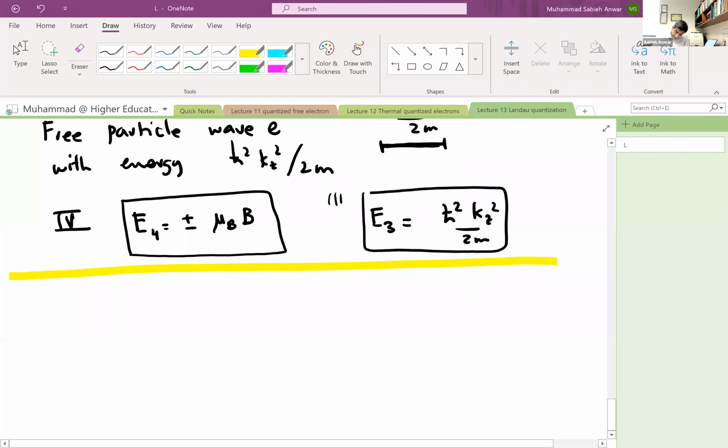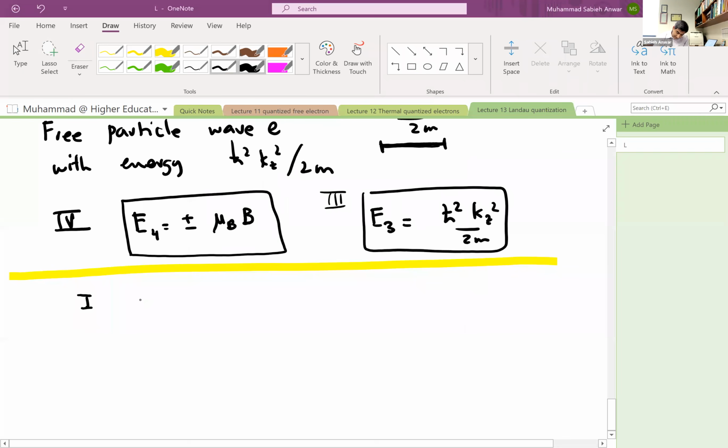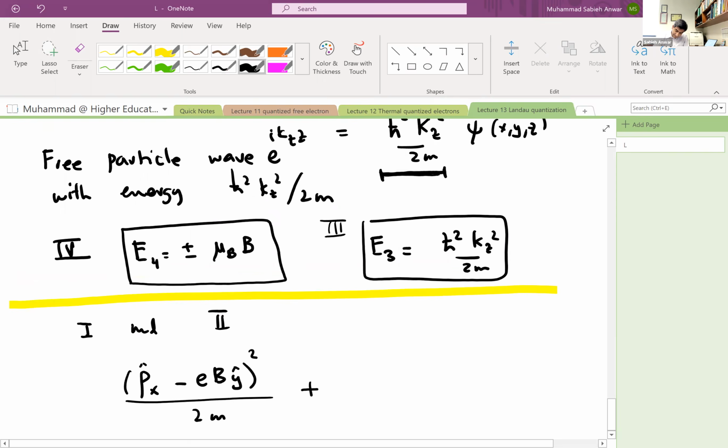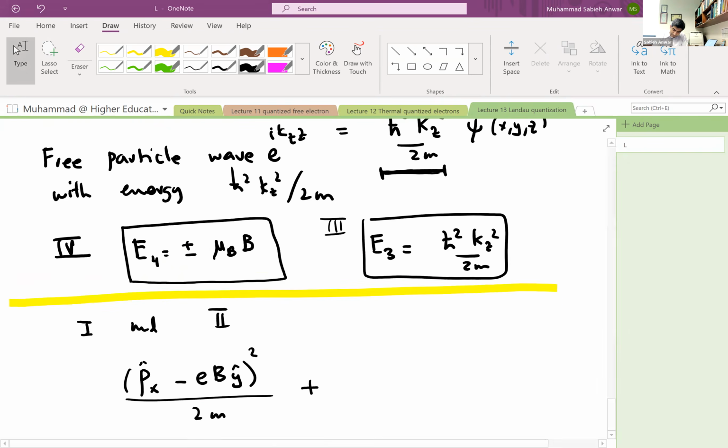The first and the second terms have this form (Px minus eBy) squared, this is also an operator, over 2m plus Py square over 2m.